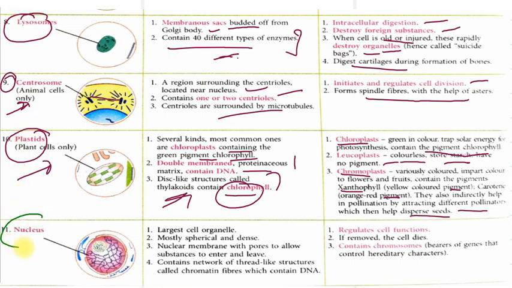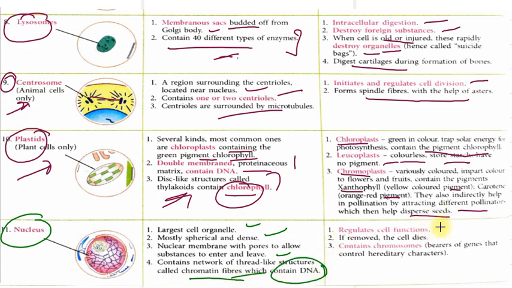So next is nucleus. So this is nucleus, found both in animal and plant cells. They are the largest cell organelles. They are spherical and dense. They have a nuclear membrane with pores to allow substances to enter and leave. They contain a network of thread-like structures called chromatin fibers, which contain the DNA.